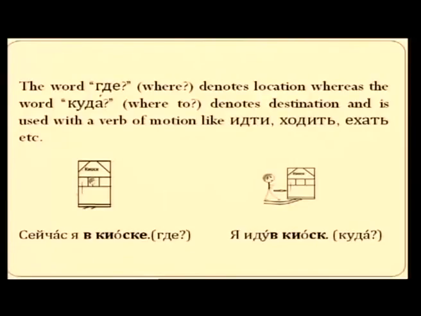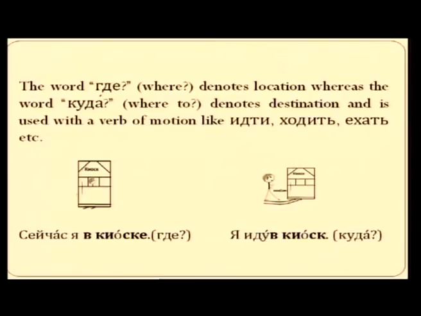Сейчас я в киоске. Whenever we are using a preposition, we are actually talking about the prepositional case and we are using the word где, which means where. Likewise, please pay attention to the next sentence, я иду в киоск.